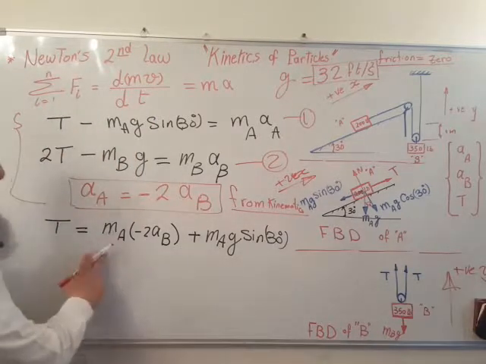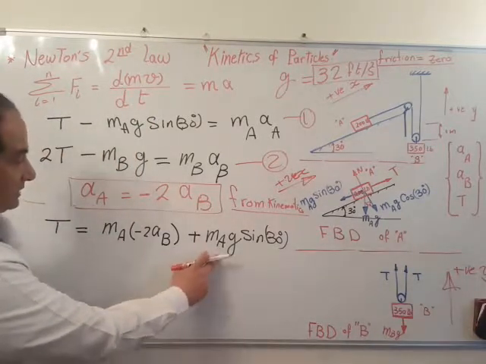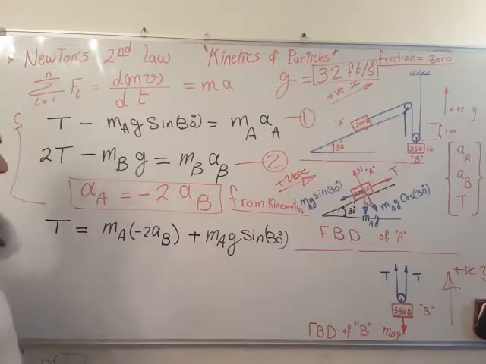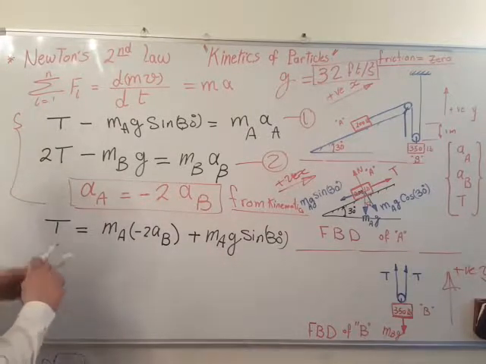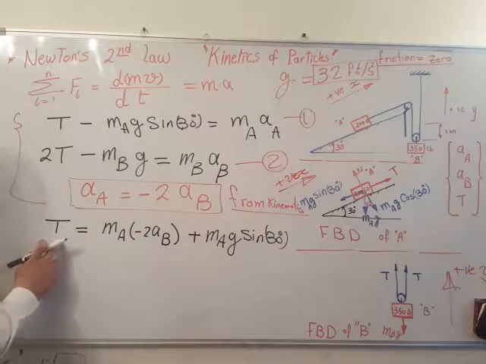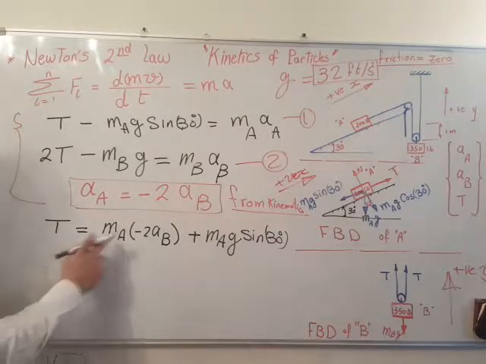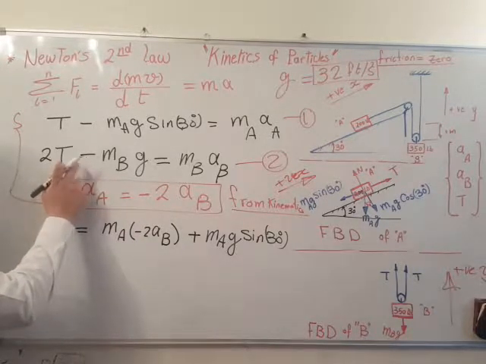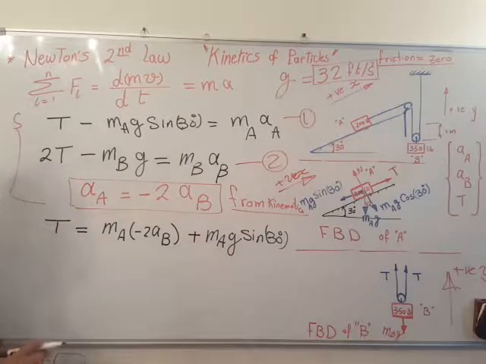We have the mass of A and the gravitational acceleration, so we can use this equation to substitute in equation 2 and rewrite equation 2.